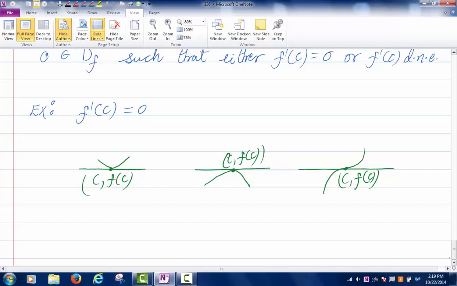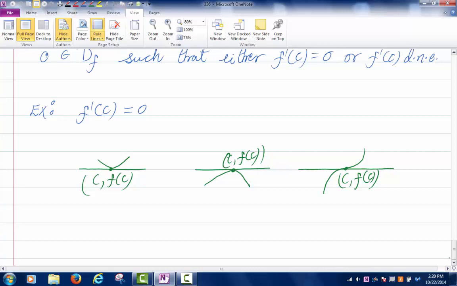So the derivative vanishes at a point, but at that point I have neither a local max nor a local min.